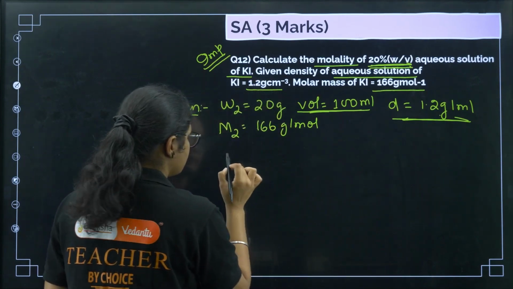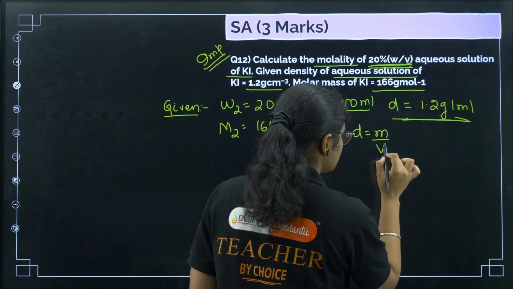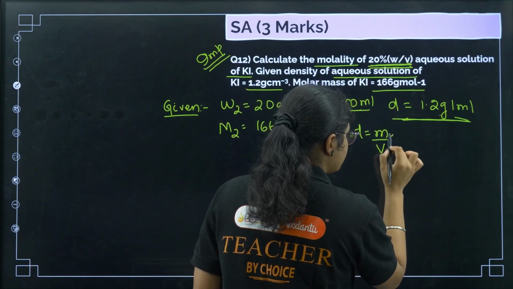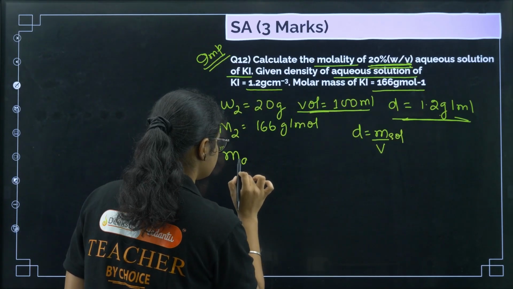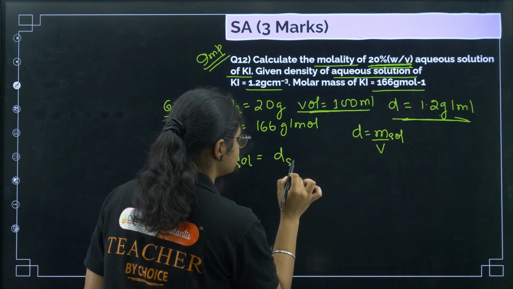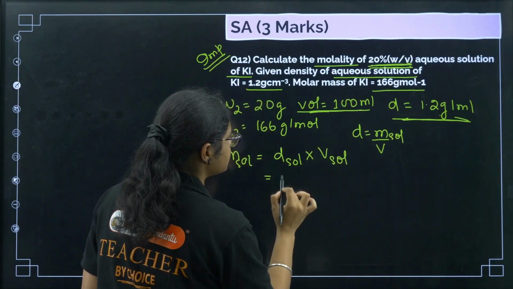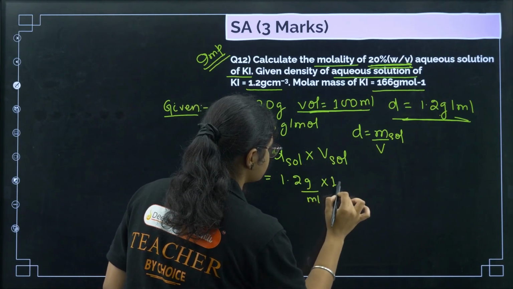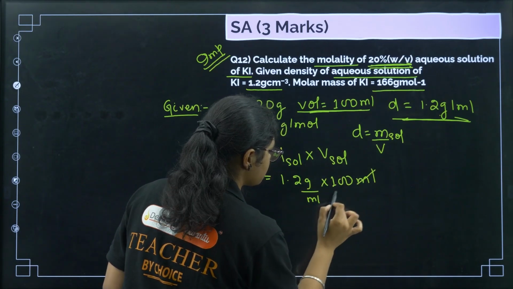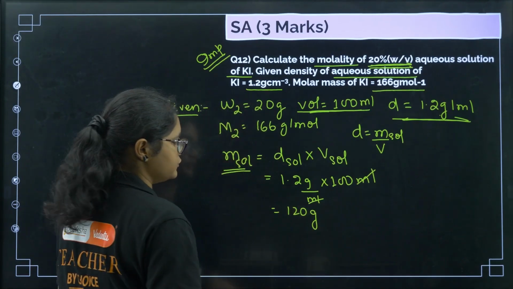So here we'll do some pre-work: density is equal to mass by volume, right? So now I can calculate the mass of solution by multiplying. Mass of the solution is equal to density of the solution into volume of solution. Density is 1.2 gram per ml and volume of the solution is 100 ml. So the units get cancelled and I'll get 120 gram as the mass of the solution.